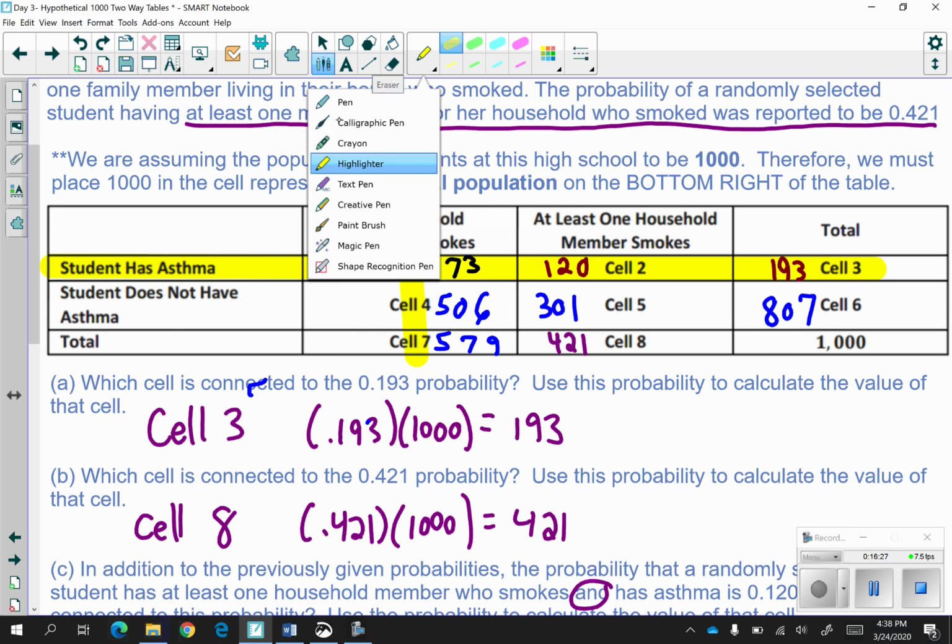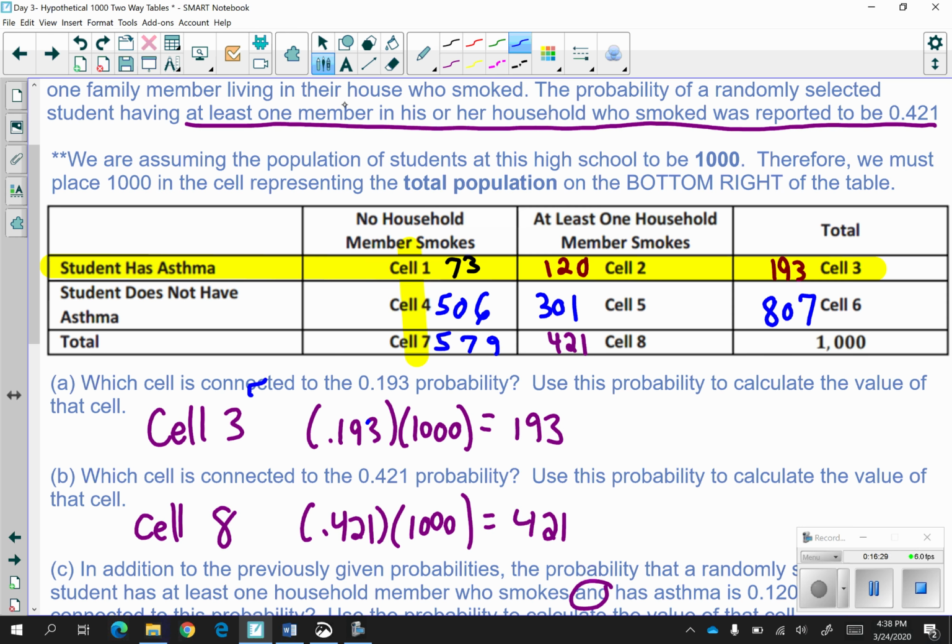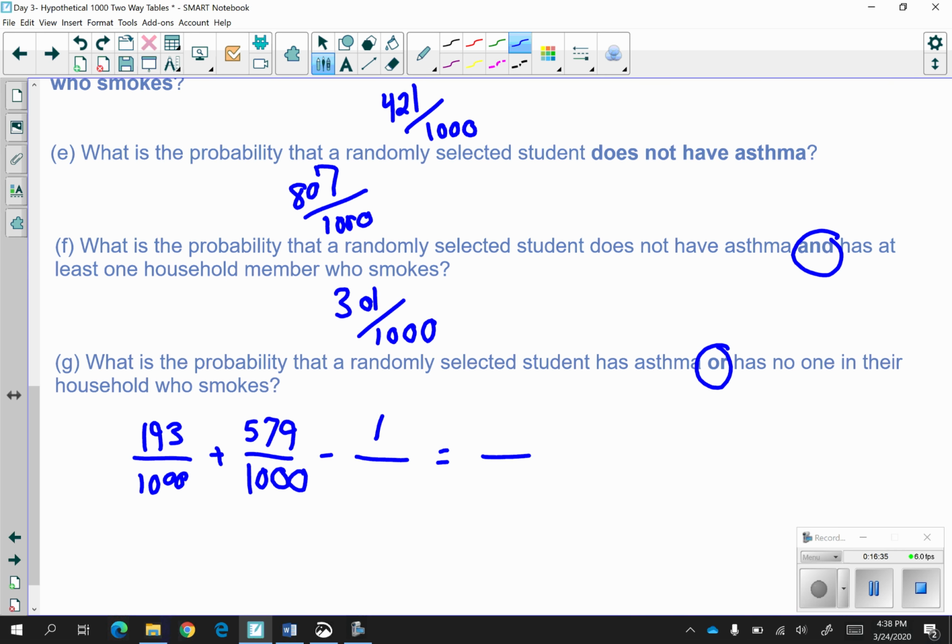So their overlap is 73 people out of 1,000. If you add and subtract those probabilities, you end up with 699 out of 1,000 people.